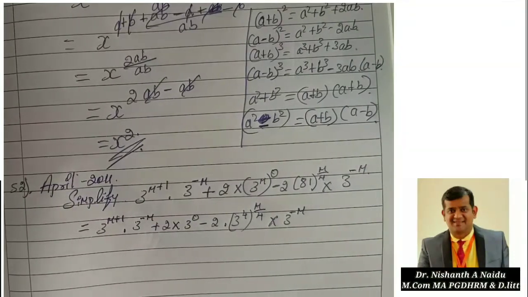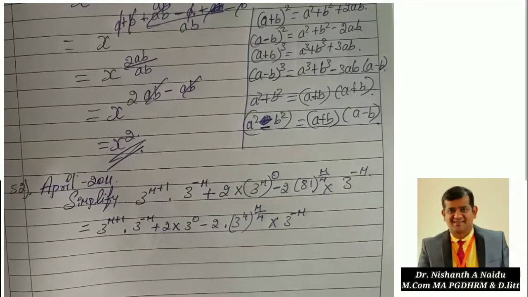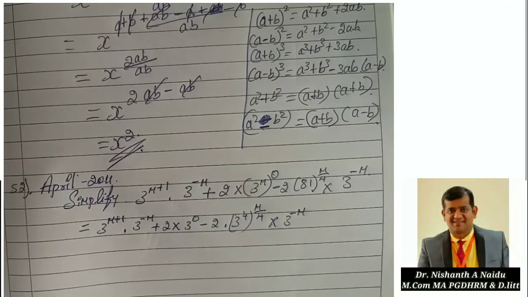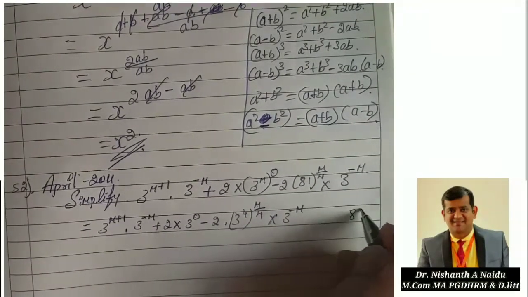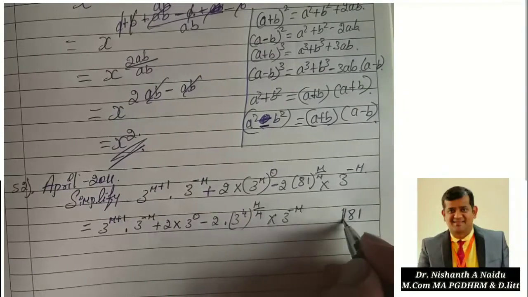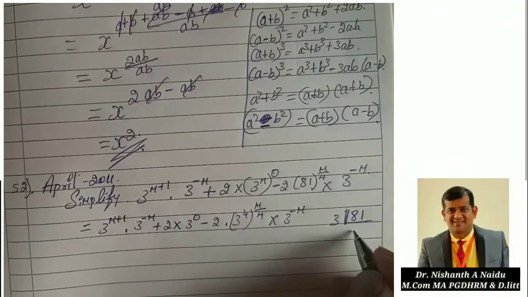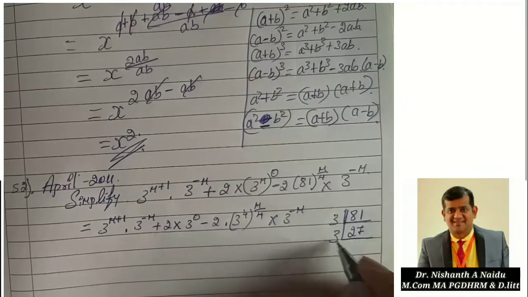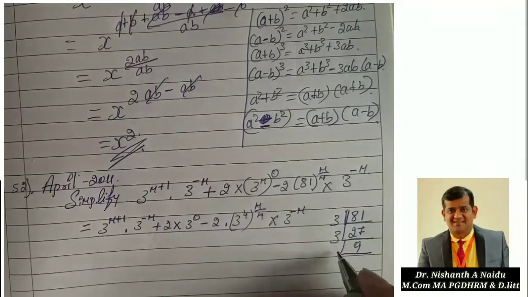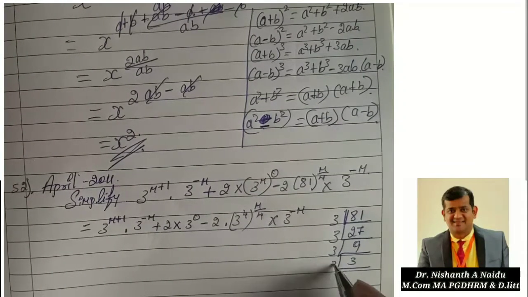So actually one of the students had a doubt. For 81, you know the LCM, right? 3 27s are 81, then 3 9s are 27, then 3 3s are 9, then 3 1s are 3.